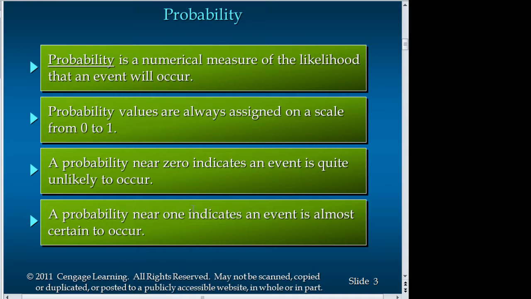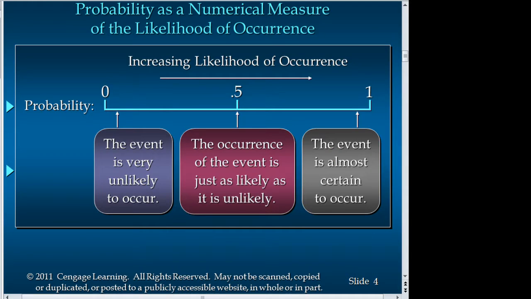Probability near 1 indicates it's likely to happen. Probability exactly half, 0.5, is even chance. And probability close to 1 is almost certain likelihood of occurrence.